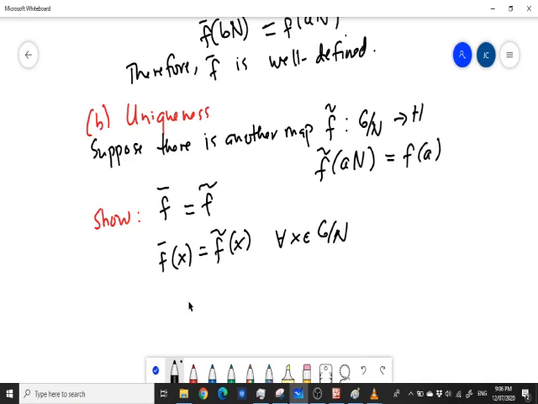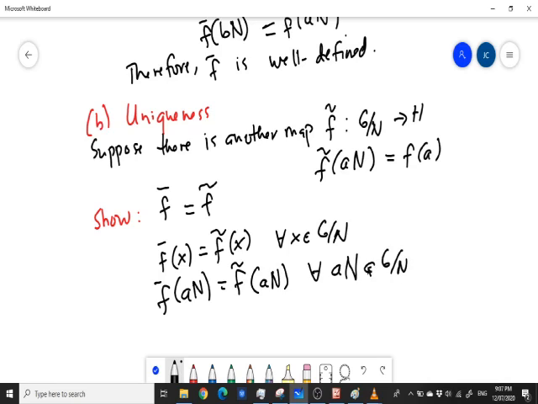But what is x here? aN, right? For all aN in G mod N. So show that.